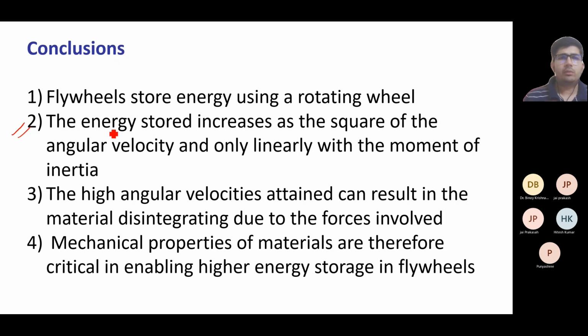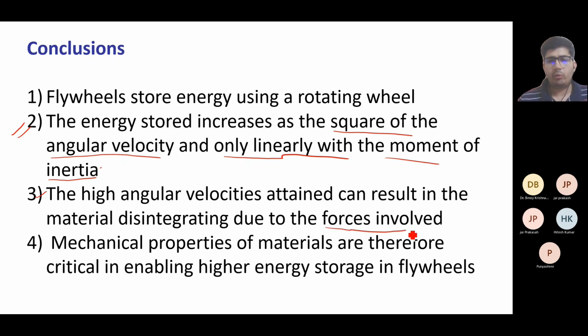The high angular velocities attained can result in the material disintegrating due to the force involved. If you have a very high angular velocity, then there will be stresses also, and that can result in material disintegration. Mechanical properties of material are therefore critical in enabling high energy storage in flywheel.